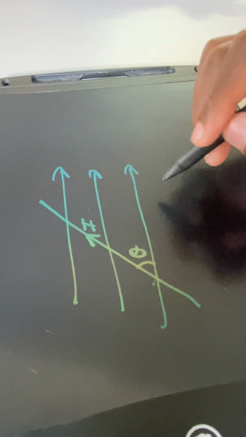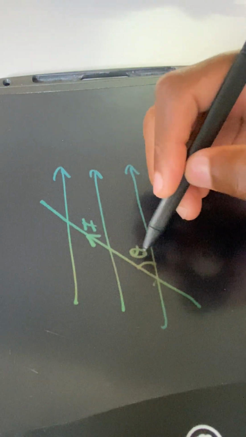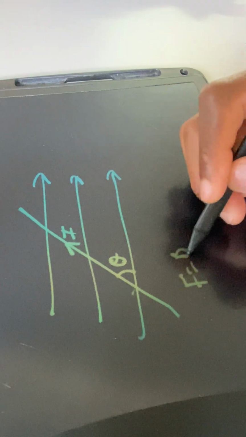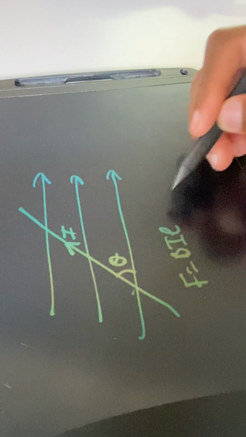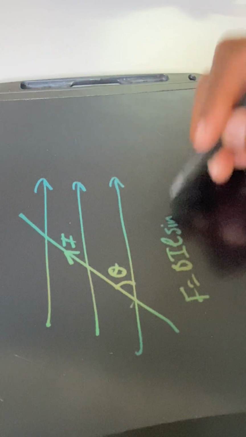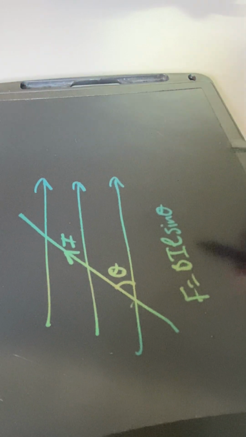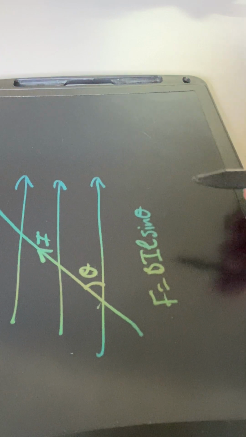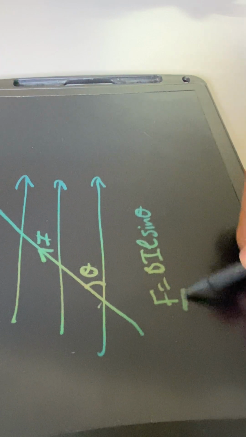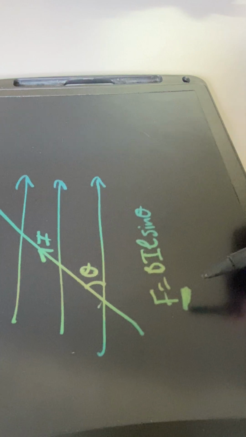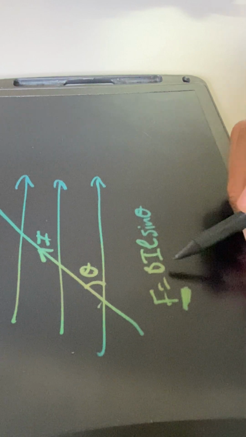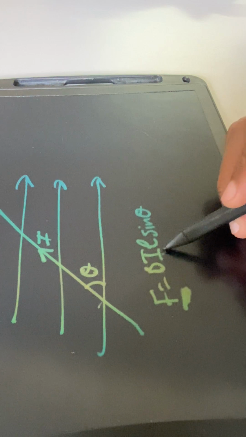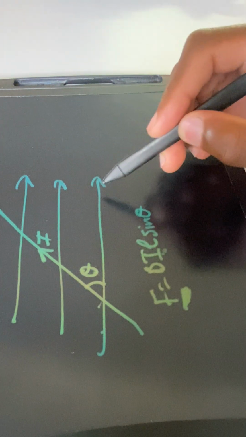So we can rewrite this formula as F equals B I L, and add the term sine theta. What does this mean? It means that in order to get the maximum force, the current moving in the conductor should be perpendicular to the magnetic field lines.